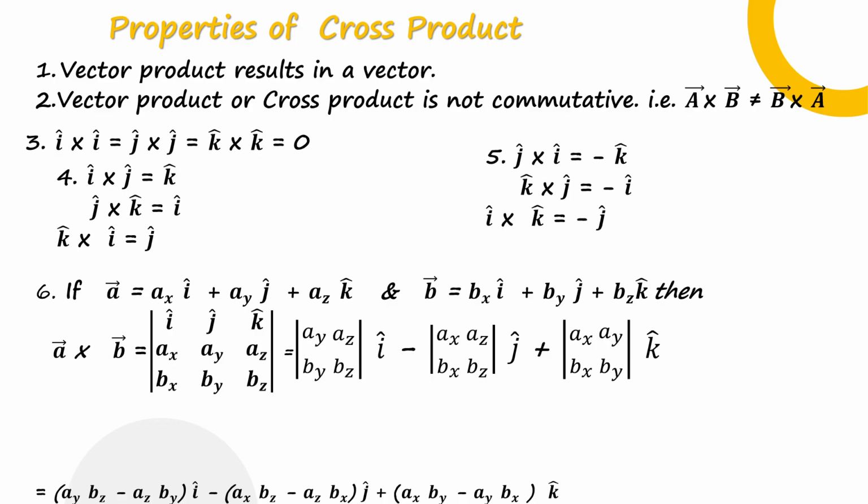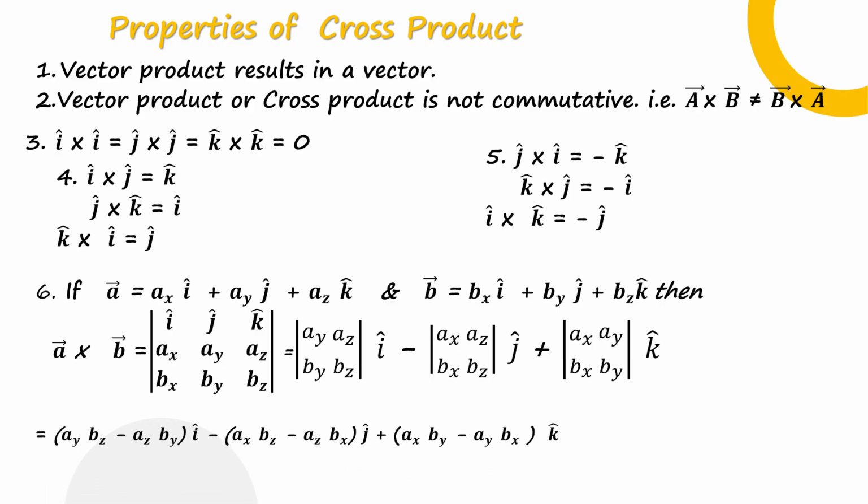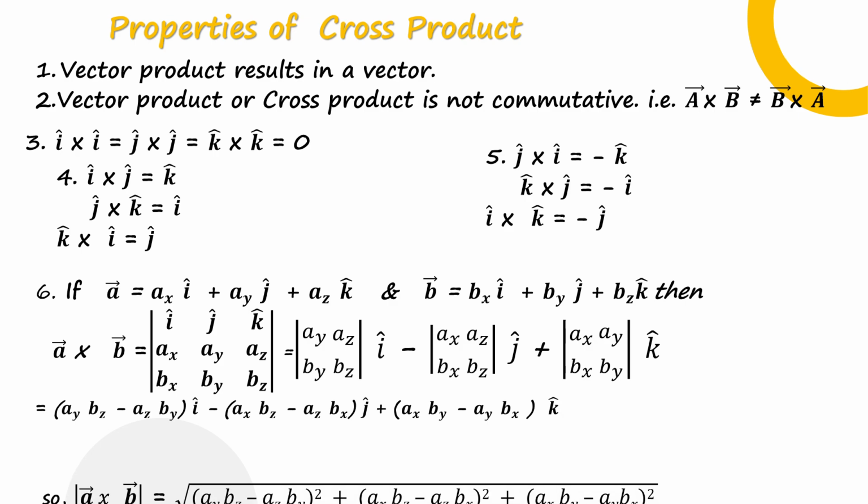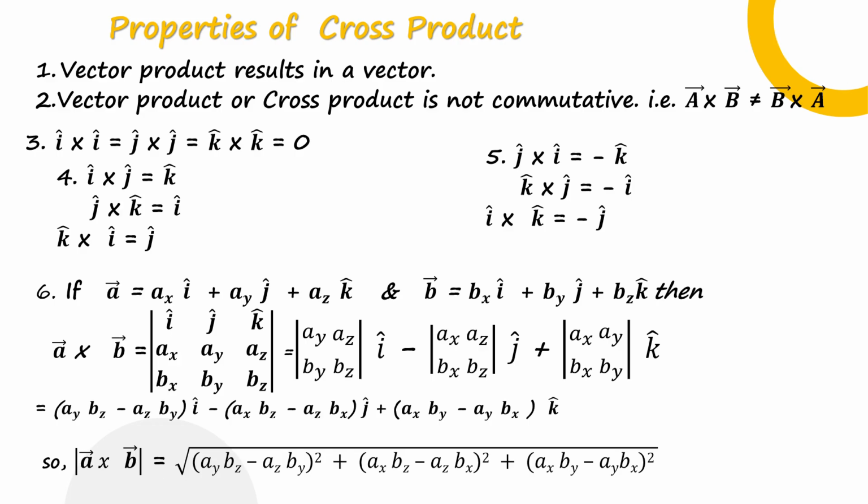On solving this, we get A cross B as (Ay Bz minus Az By) i cap minus (Ax Bz minus Az Bx) j cap plus (Ax By minus Ay Bx) k cap. And we can find its modulus value as we have discussed earlier.